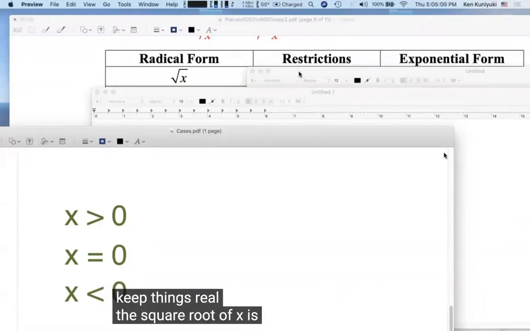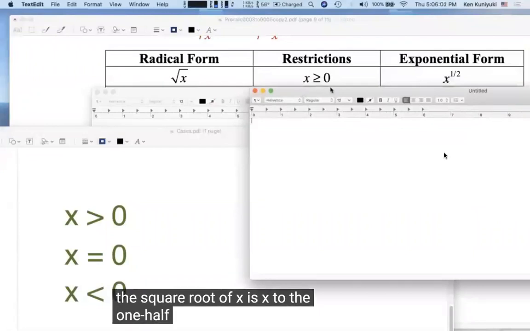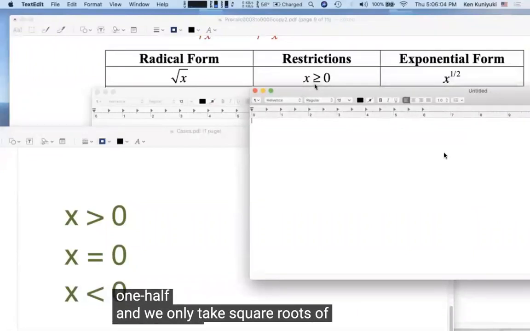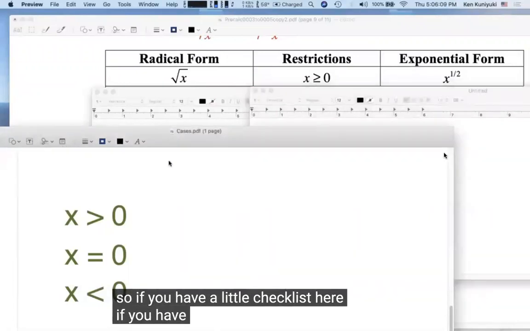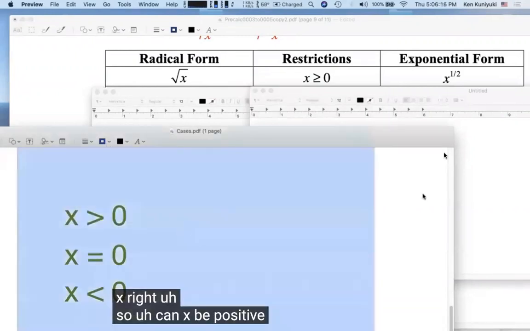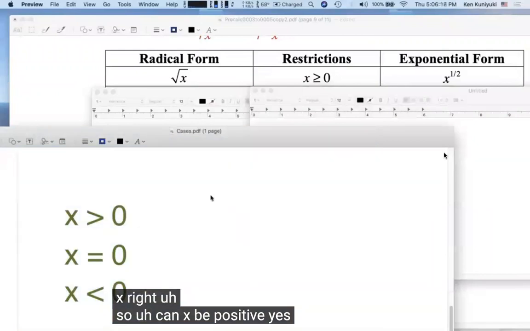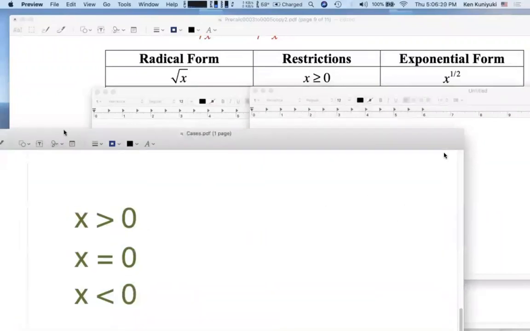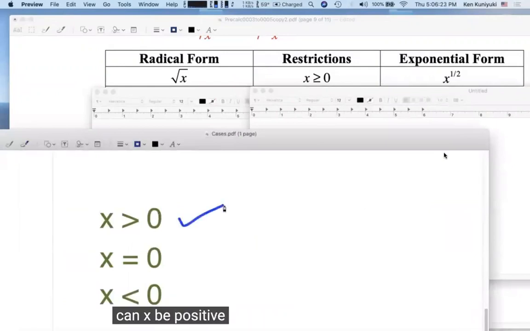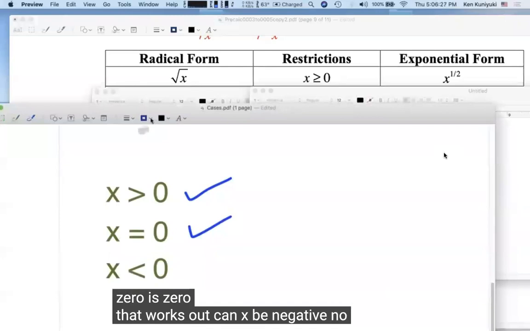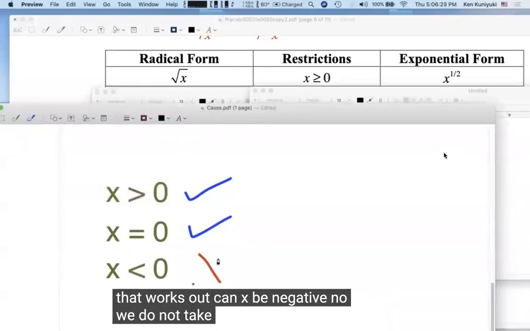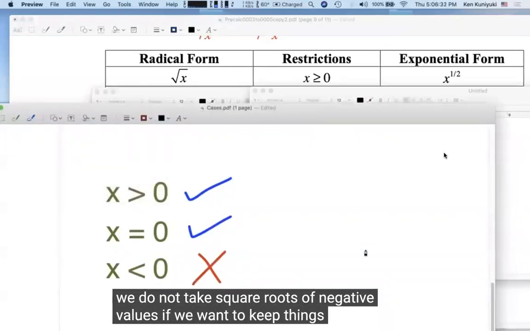The square root of x is x to the 1/2, and we only take square roots of non-negative real values. So you have a little checklist here. If you have something involving x, can x be positive? Yes. The square root of 0 is 0. That works out. Can x be negative? No. We do not take square roots of negative values if we want to keep things real.